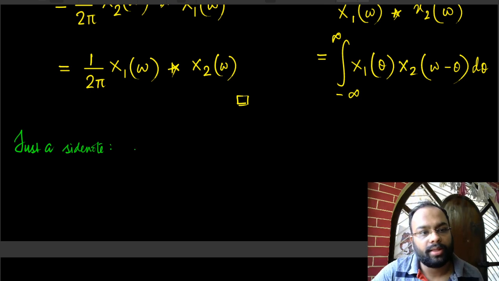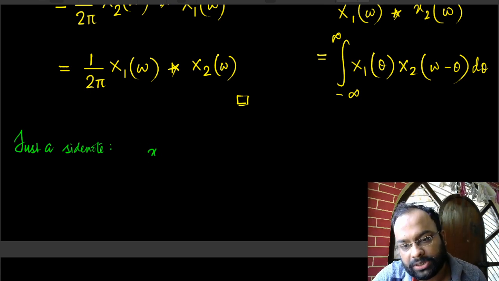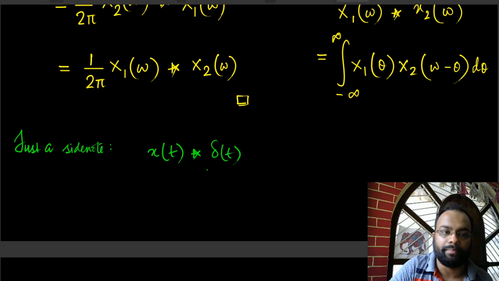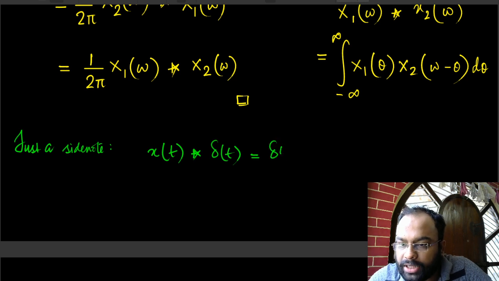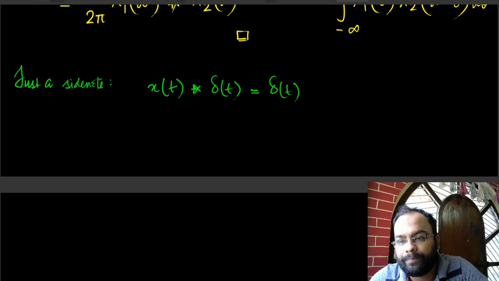Okay, let's say I have a signal x(t), and I am convolving this with delta(t), the unit impulse. If I convolve this signal with delta(t), what am I supposed to get? You recall that convolution is commutative in nature.